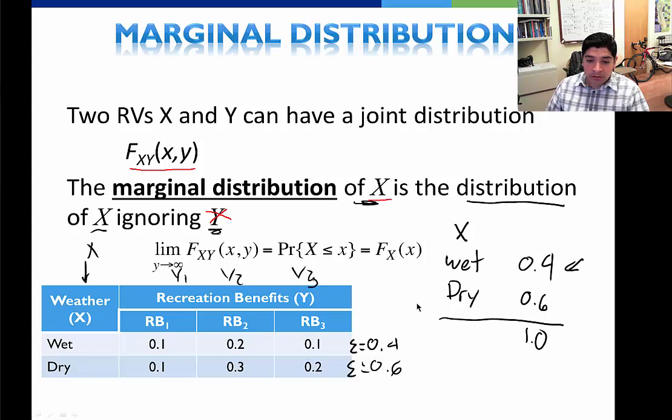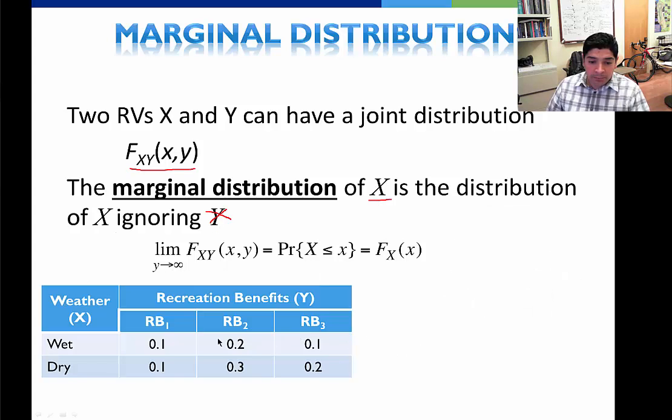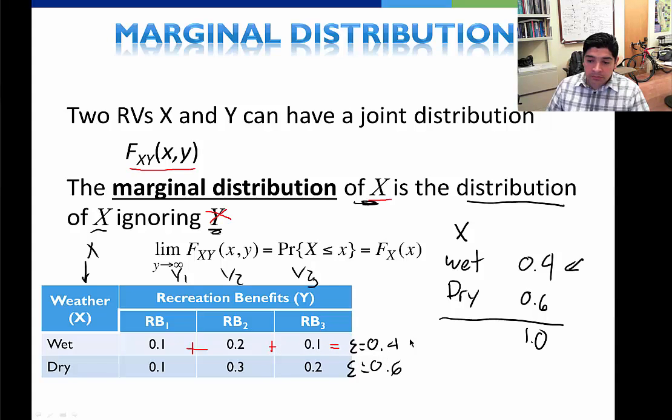In this case, what is the probability that wet happens regardless of this? We know that the probability that wet happens is adding these 3. So if we add these 3, the probability of wet happening is 0.4, 40%. What is the probability that dry weather happens? In this case it will be the sum of these 3, which is 0.6.